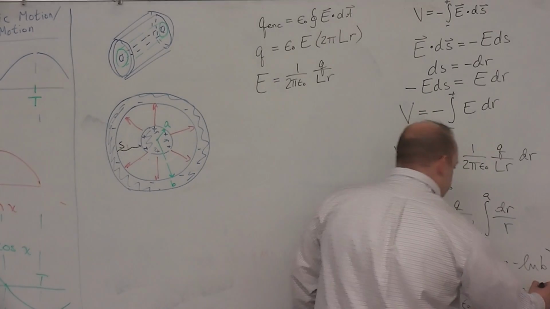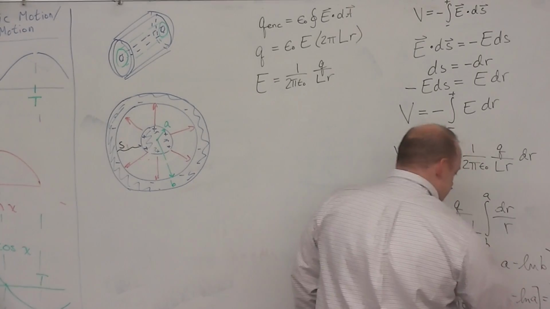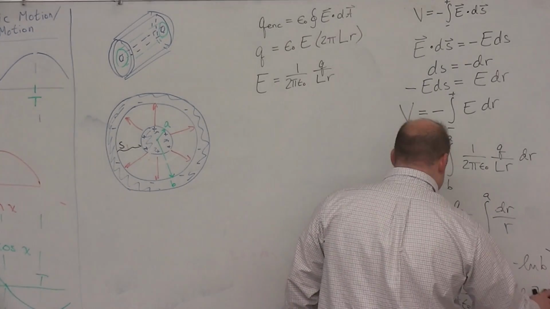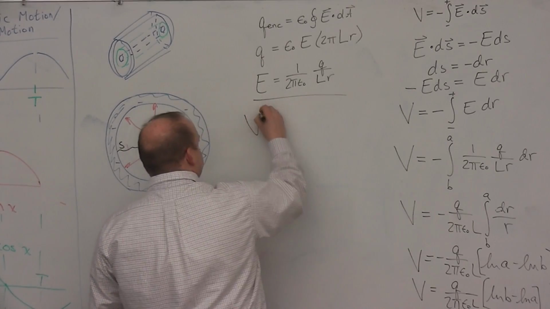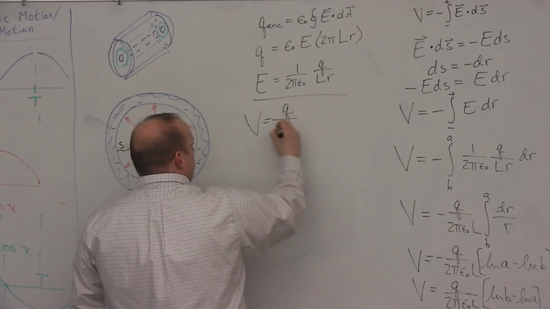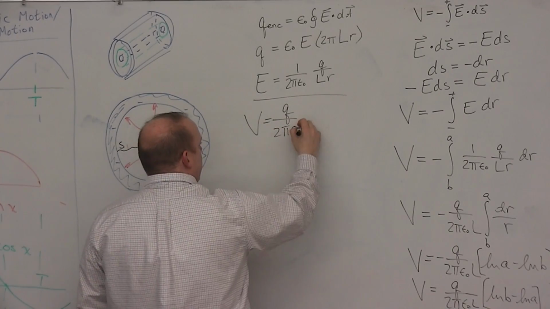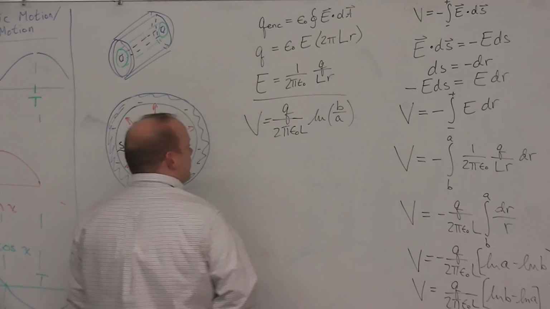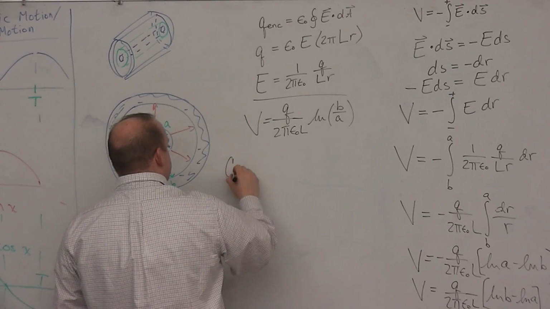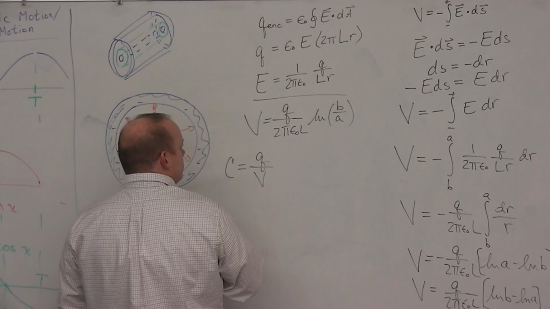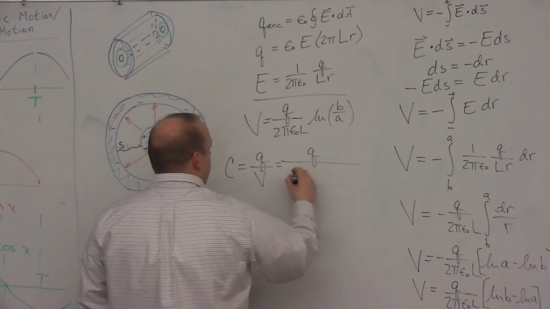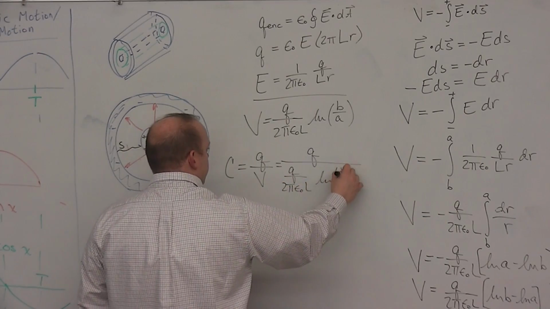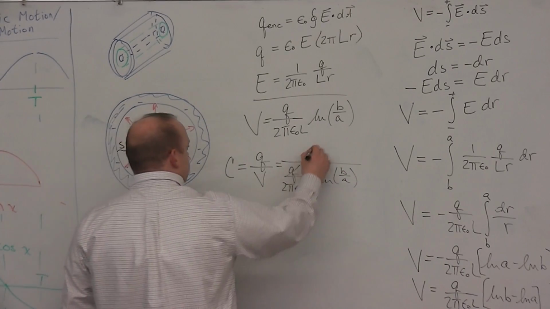So rewriting that, I wind up with natural log of B minus natural log of A. Okay, from your natural log properties, you're going to get a potential of Q over 2 pi epsilon naught L, natural log of B over A. Now, capacitance will equal Q over V. So this is going to be Q divided by Q over 2 pi epsilon naught L, natural log of B over A. And Q's will drop.